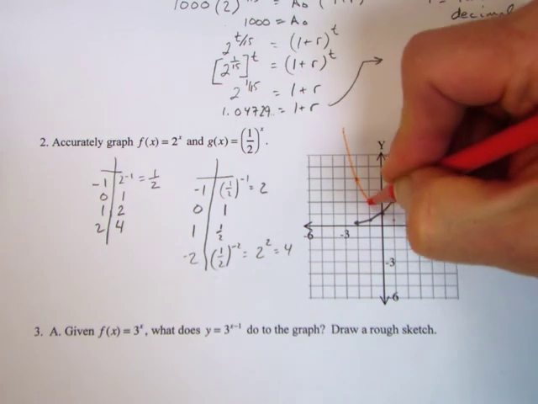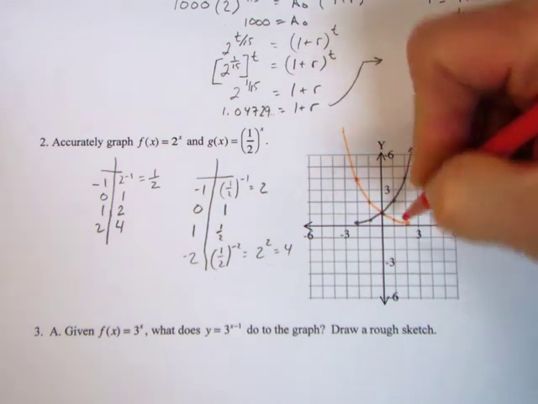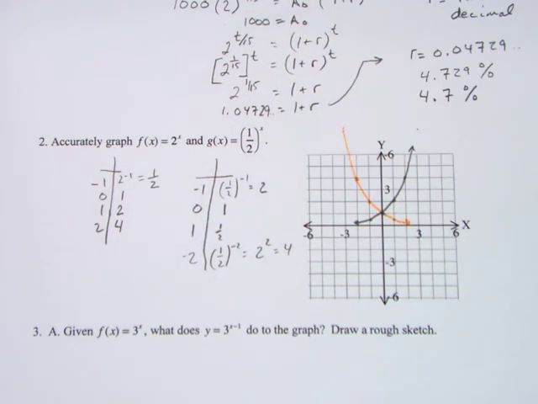What do you notice about these graphs as we're graphing them? Does anything stand out to you about them? What you should notice is that they are a reflection of each other. And what you want to do is recognize that it is a reflection about the y-axis.